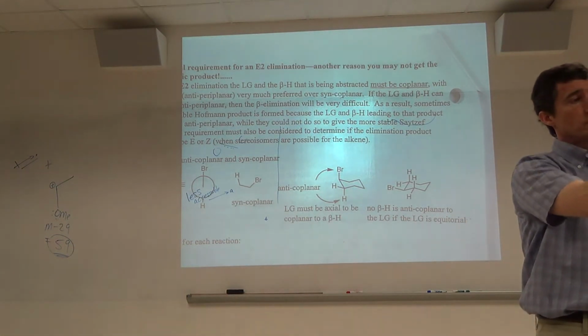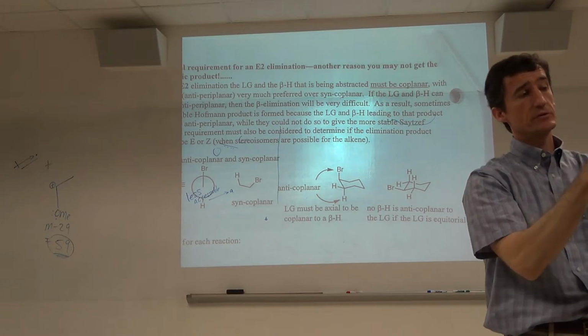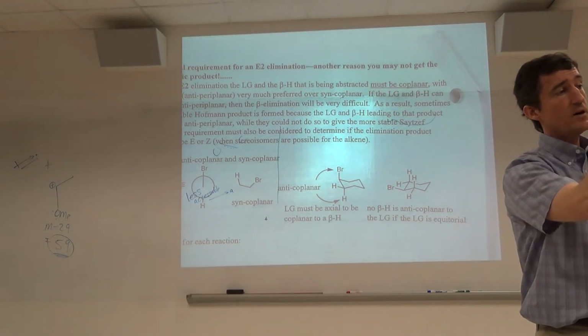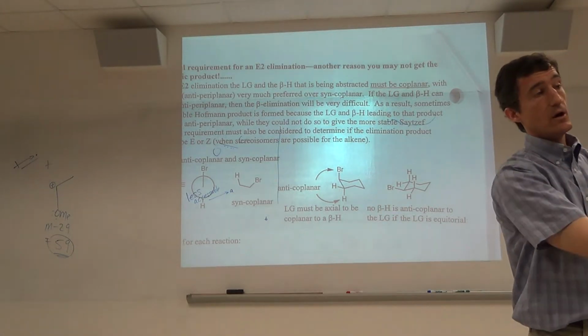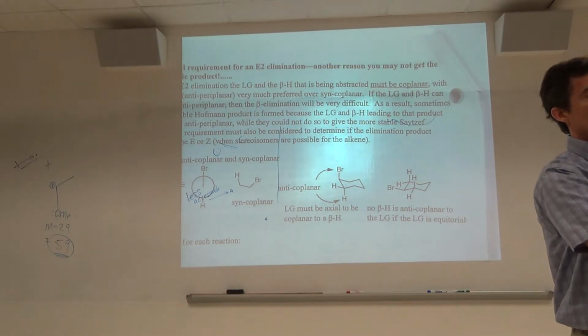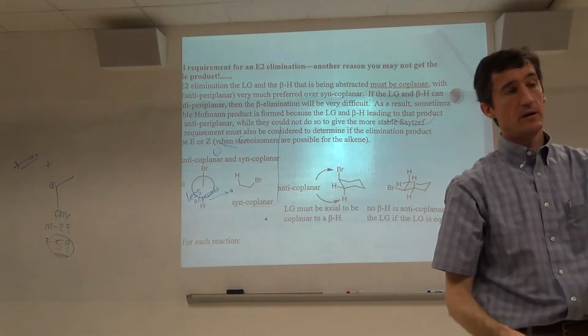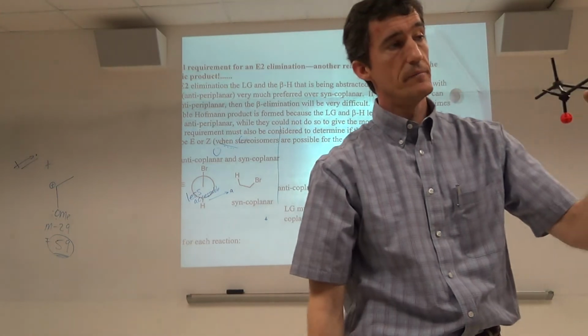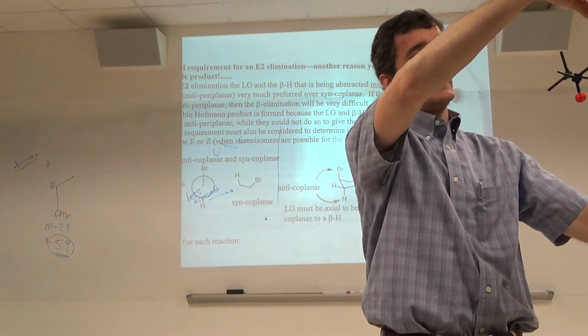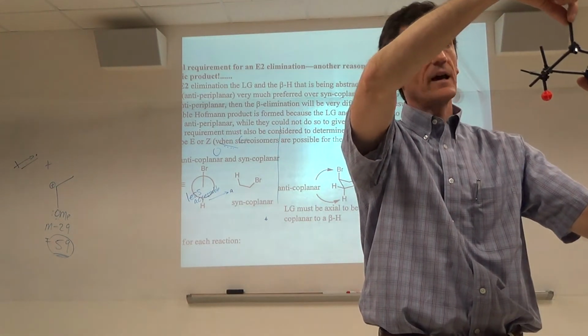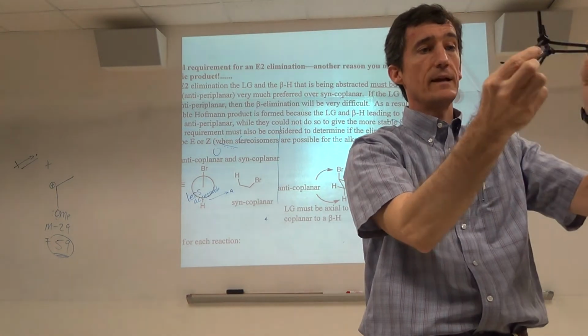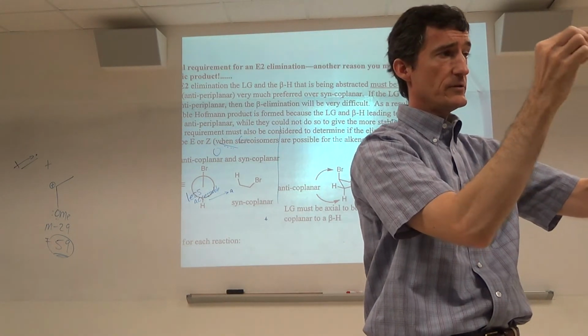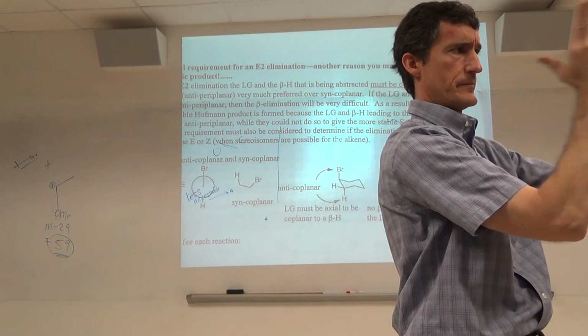Look at the hydrogen next door. First of all, there's two different carbons to choose from. Either one's the same here. On that carbon, there's two H's. Which hydrogen is coplanar with the leaving group? This one? Yes, that one. Not that one. Where's the plane? The plane is right through there. See right through there?